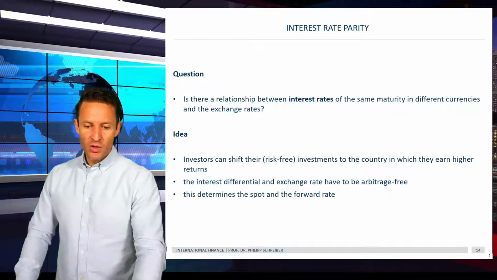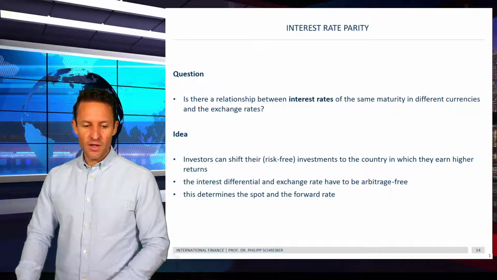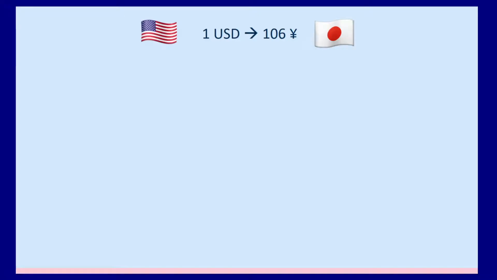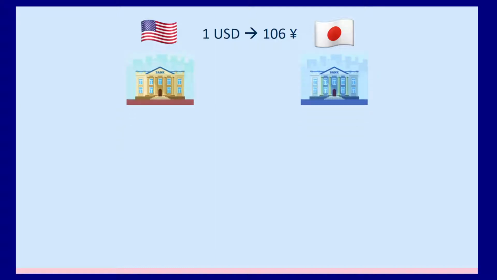We will look at a second example here. So we had our car example here. Let's move to a money example. And let's take US dollars and Japanese yen. So let's say we have two banks, one in the US, one in Japan, in Tokyo and New York.